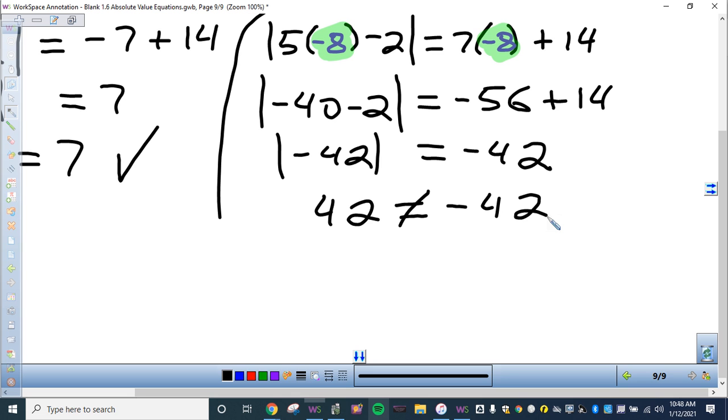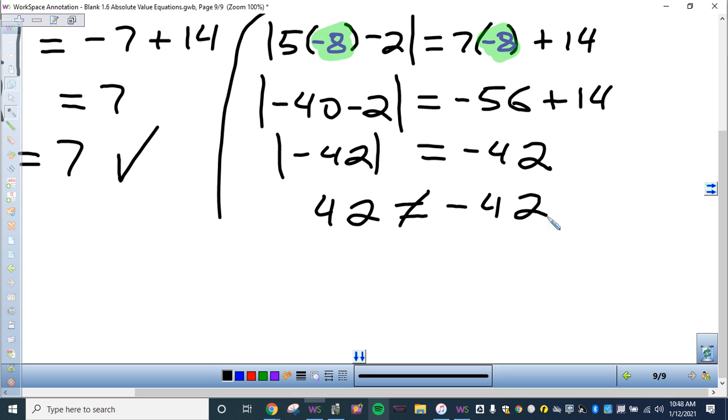Yeah, so if you're looking at the homework right now, we're doing 10 through 24 all. So you will have to check for extraneous. I'm just going to tell you right now so you can write it down. Basically, when you have x and a number, or if you just have x on the right side of the equal sign, you have to check for extraneous, because you have two x's, that's why.